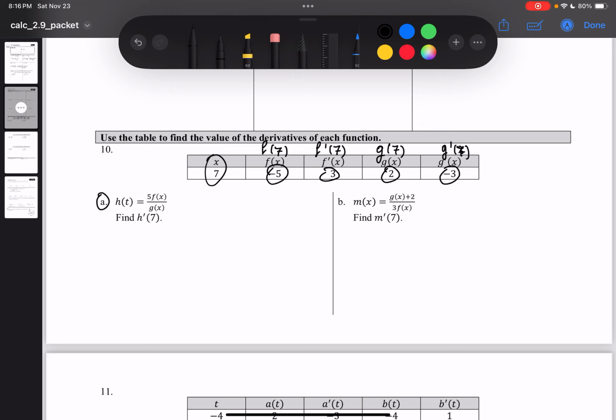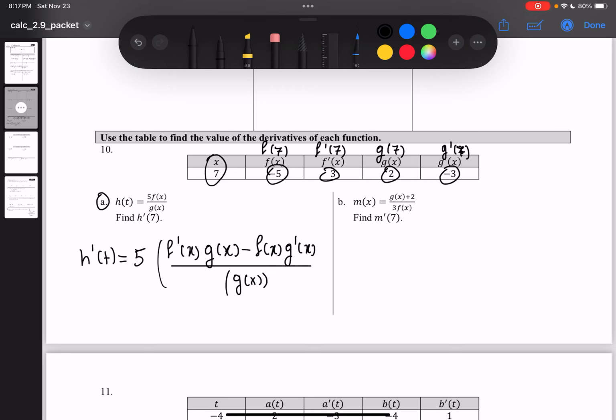Okay? So now, if we're going to find the derivative of h of t, now the 5 is constant, we don't care about the constant, it's going to be out. Now f of x over g of x, according to the quotient rule, u prime, which is f prime, v minus u, v prime over v to the power of 2 equals 5.